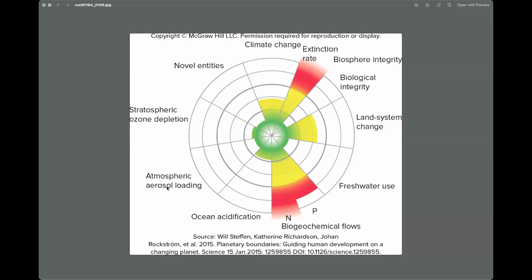Atmospheric aerosol loading. This is an interesting point because yesterday I heard a very interesting news story about wildfires in California and firefighters. And the issue was, why do people exhibit long-term, I'll just say, debilitating effects long after they survived a wildfire?